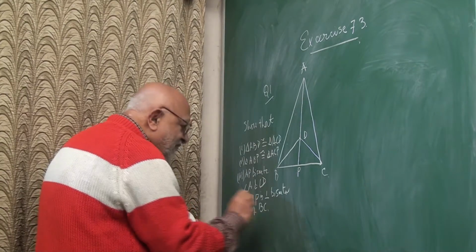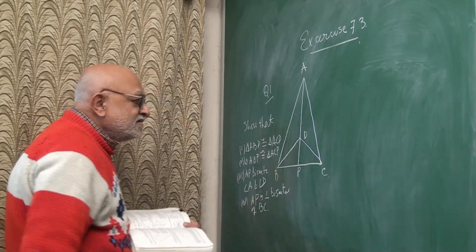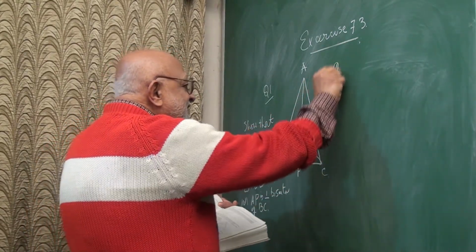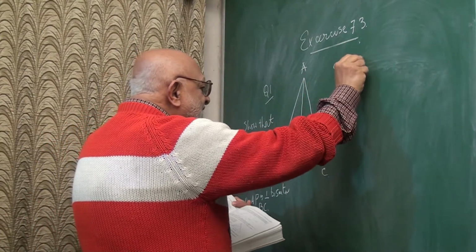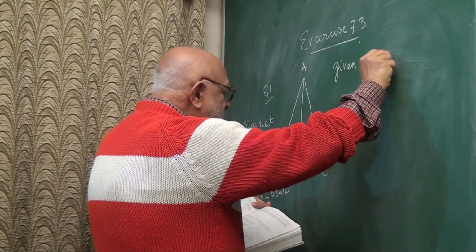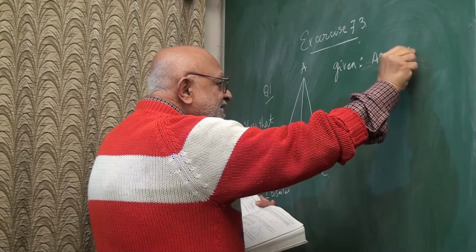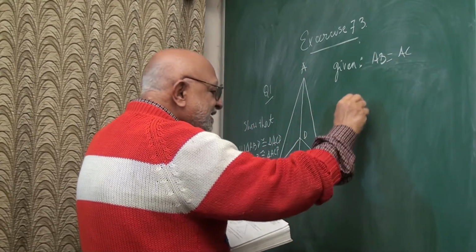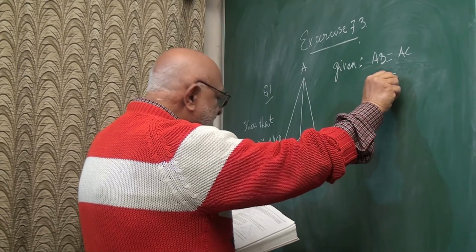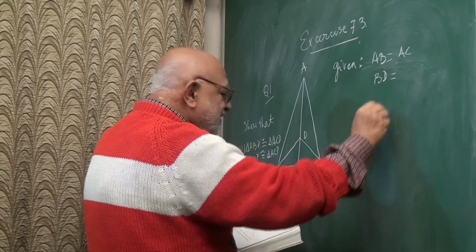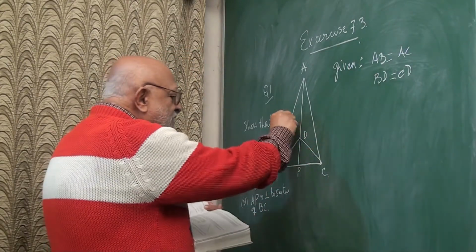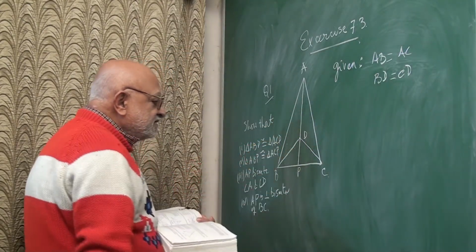So we have a lot of things to do, but don't worry. Let us see what is given. It's given that AB equals AC, and BD equals CD. That means these are two isosceles triangles.